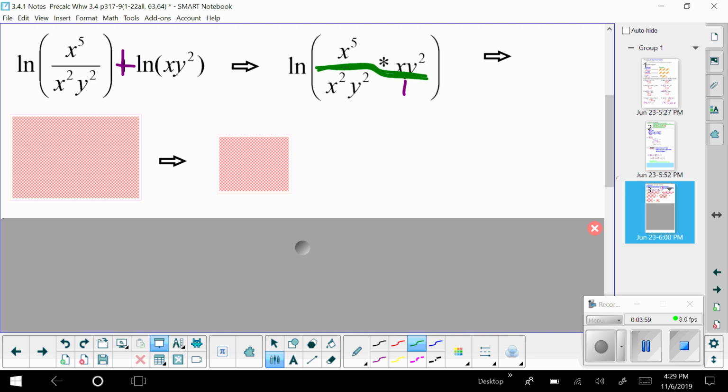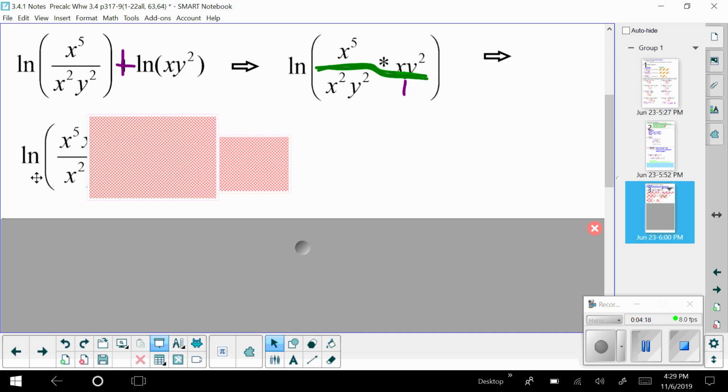Done. And now all I have left to do is clean up that inside part. So I can condense all the way around. So I have x's floating around in the numerator, I have x's floating around in the denominator, I have y's in the numerator and denominator, so you're just going to go ahead and clean those guys up. So when we get ready to do the next step, this is what it would look like if you wrote it all out without reducing anything.